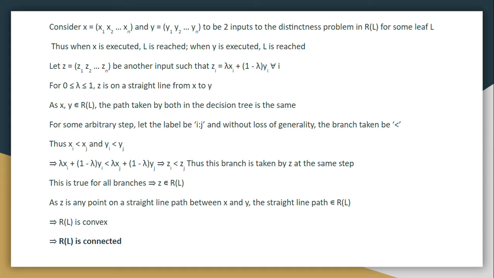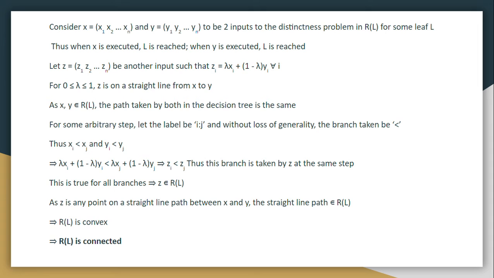Now, it is obvious geometrically that if lambda is between 0 to 1, Z lies on a straight line between x and y. And if it does not, if it's outside those bounds, it will lie on the straight line but still outside x and y. As all the elements of Z are linear combinations of the corresponding elements in x and y.